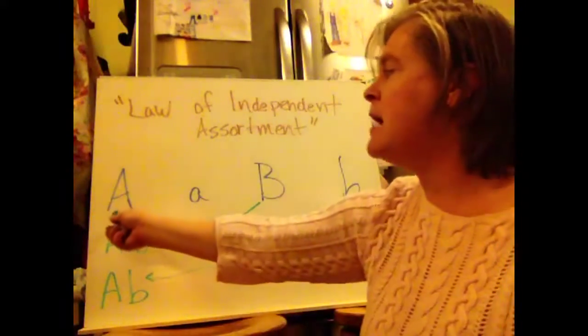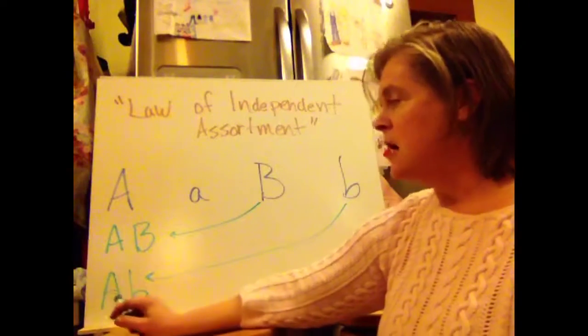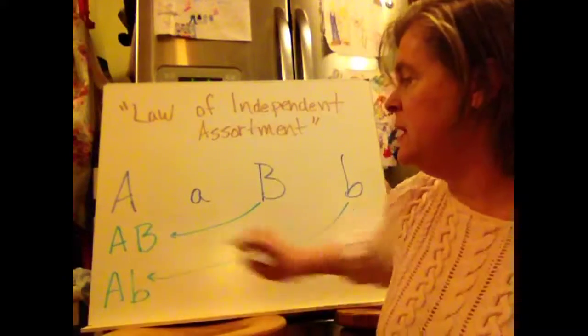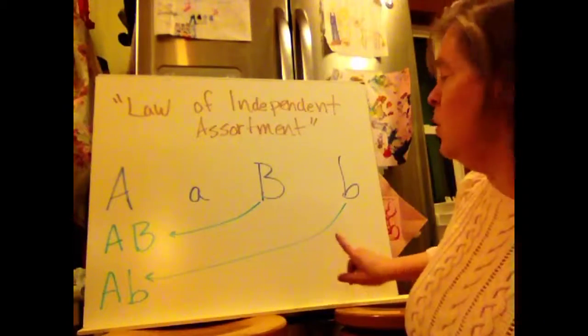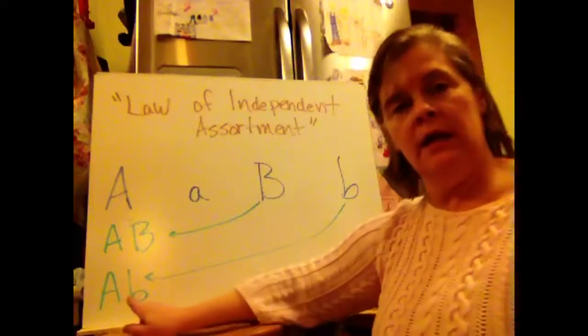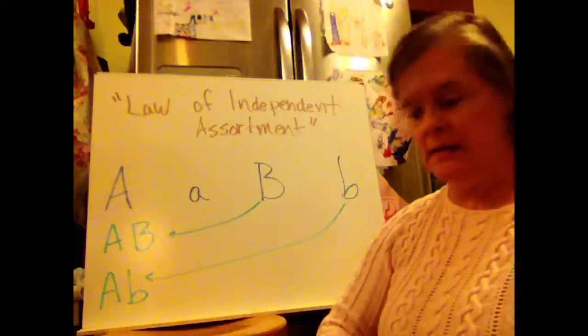So here we have the dominant A allele, and either the dominant B or the recessive b can associate with this dominant A allele.